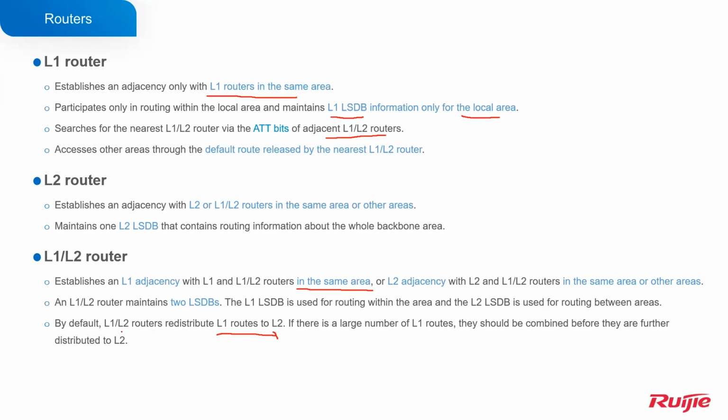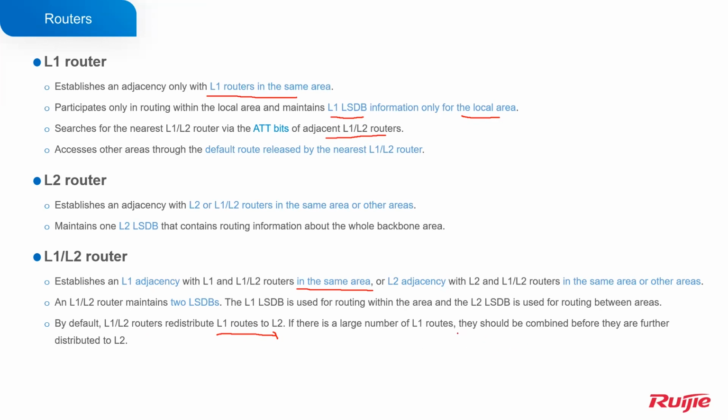Because the level 1 and 2 router will get the level 1 information from its level 1 neighbor. And then it will directly send this information as level 2 routes to its level 2 router neighbors. So this is the default function.